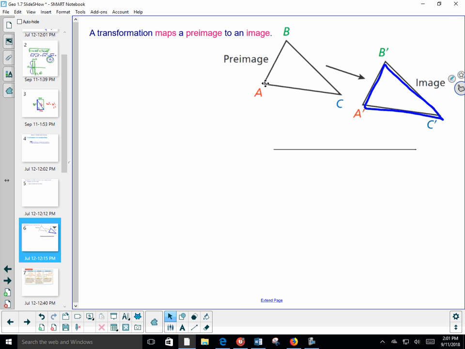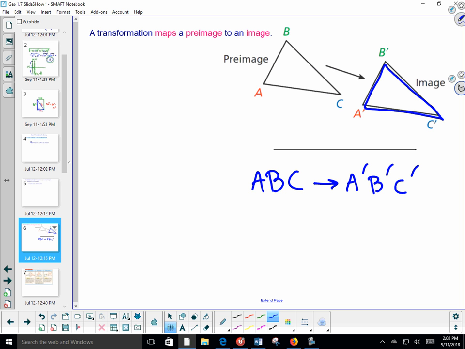Okay? All right. And then what we can do is we can say, triangle ABC is mapping onto a new triangle. And we write this like this, and we call these primes. So A prime, B prime, C prime. So this is the pre-image, and this is the image.